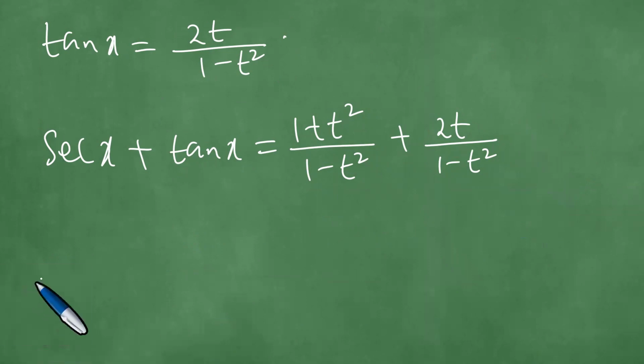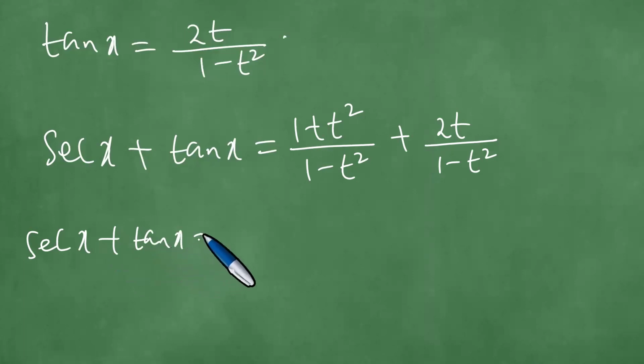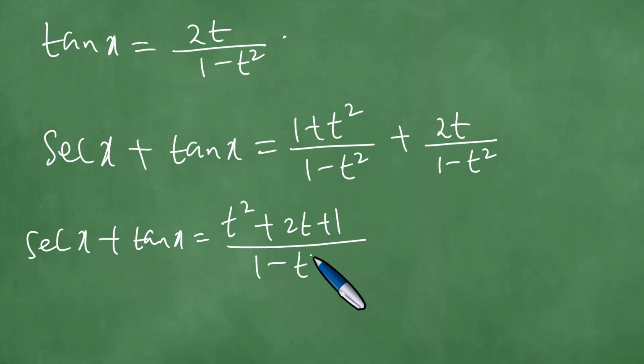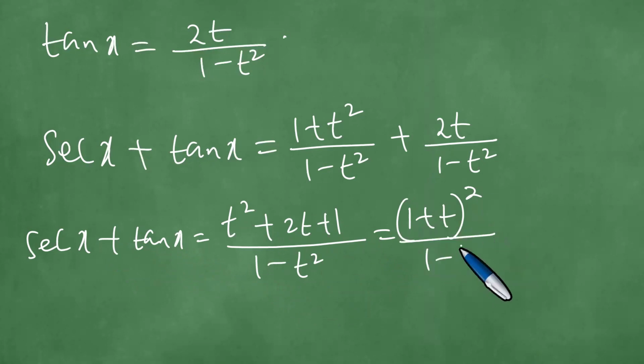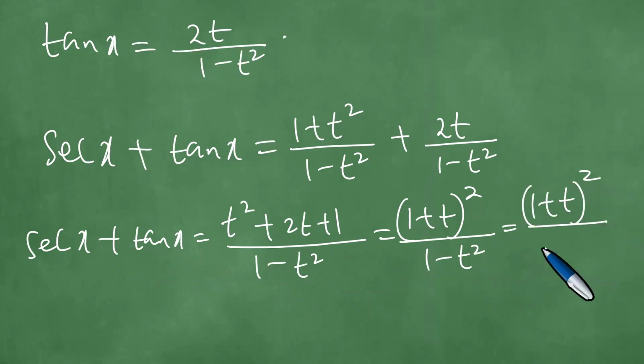So we have that the secant of x plus the tangent of x is t squared plus 2t plus 1 divided by 1 minus t squared. And this is 1 plus t all squared divided by 1 minus t squared, which is the same as 1 plus t all squared divided by 1 minus t into 1 plus t.